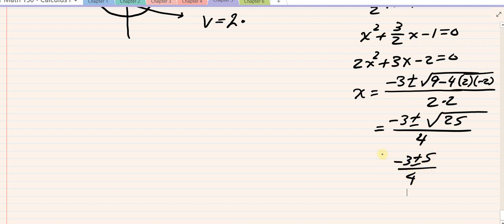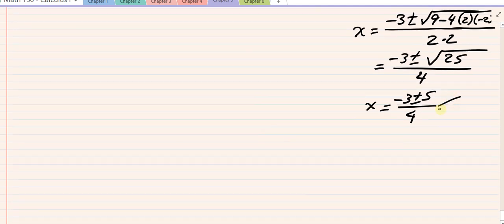That will give us the x component of the points of intersection. So one point of intersection, call it x1, will be negative 3 plus 5 over 4, which is 1/2. The other point of intersection, x2, is going to be negative 3 minus 5, negative 8 over 4, which is negative 2, right?